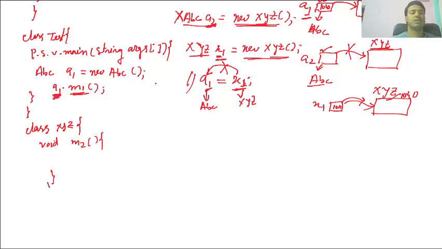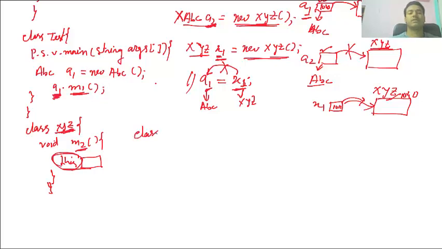Then when you call M2 function with any reference variable, inside M2 also you will have a this. Now this inside M2 is of type XYZ only, right? XYZ only.